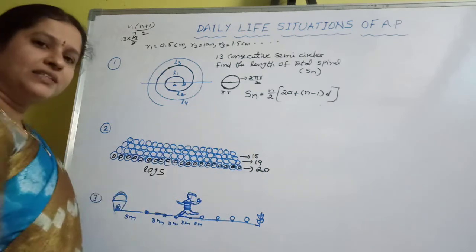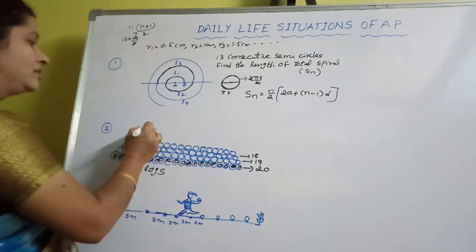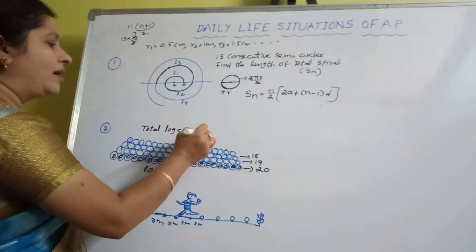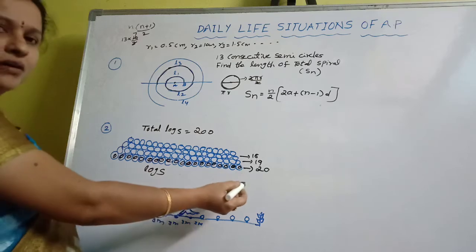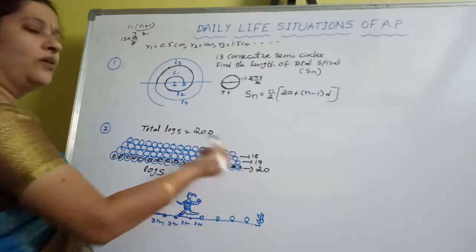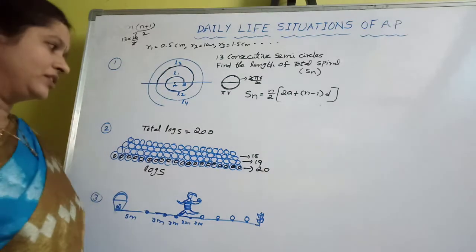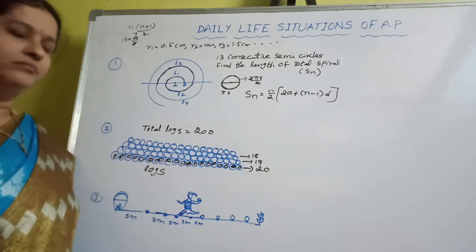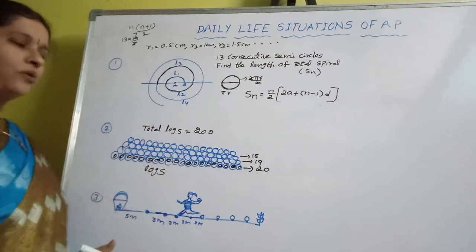So what is the series of the question? Given 200 logs, total logs are 200. They are stretched in this form. In the bottom row, 20 logs are placed, in the next row 19. So that is the question. What you have to find is: to place 200 logs like this, how many rows are required?